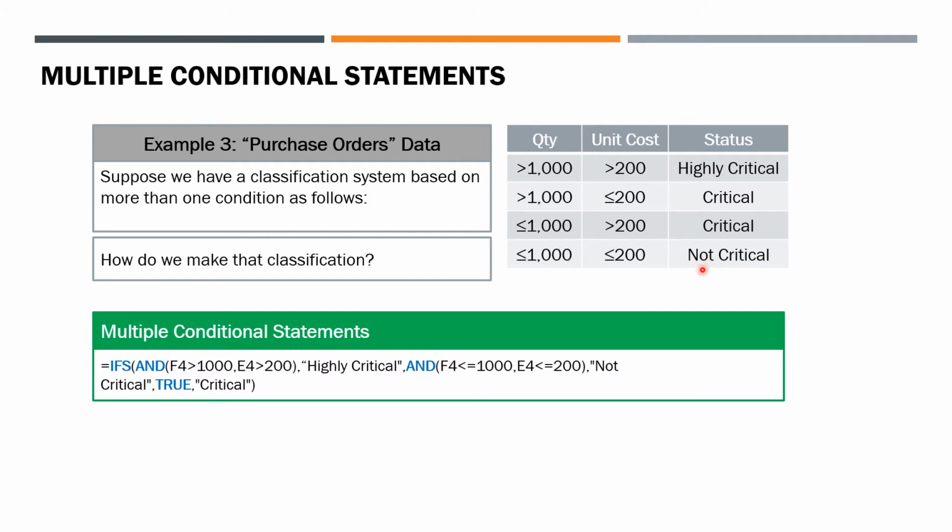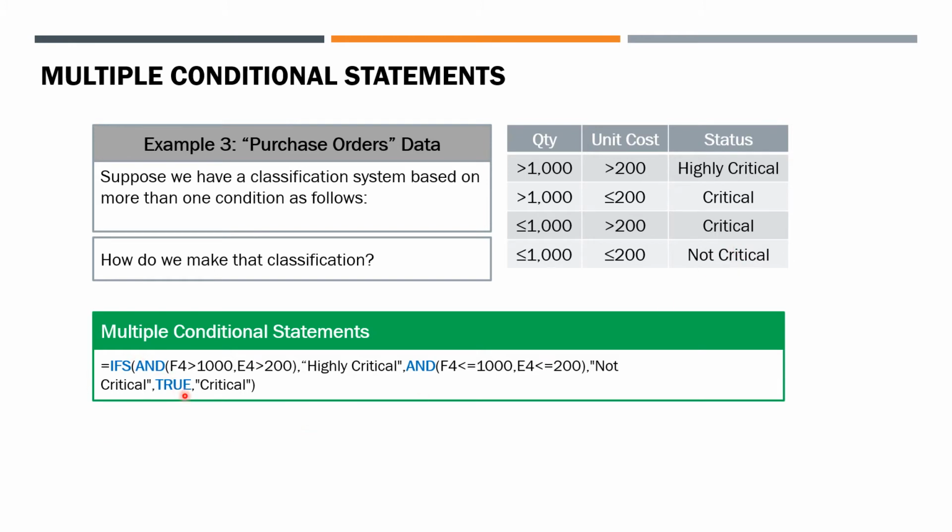We just look at the criteria here: there's only one criteria of highly critical, only one criteria of not critical. Meanwhile, we have two criteria of critical. So if we write the critical first, it will be very time consuming. So rather than writing the critical first, I'm going to write the not critical first.